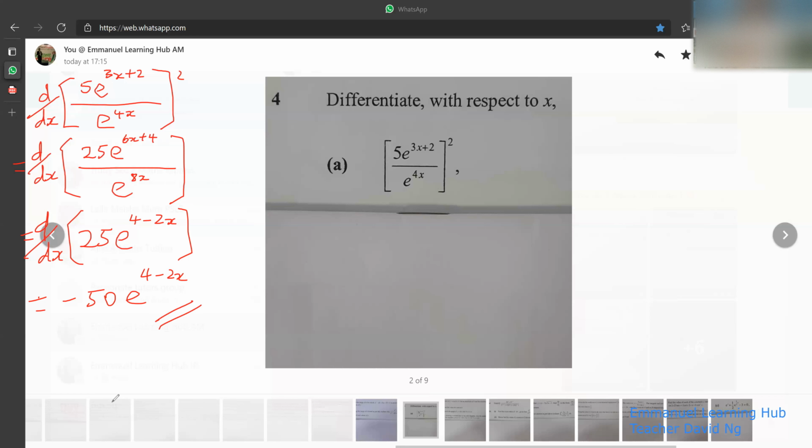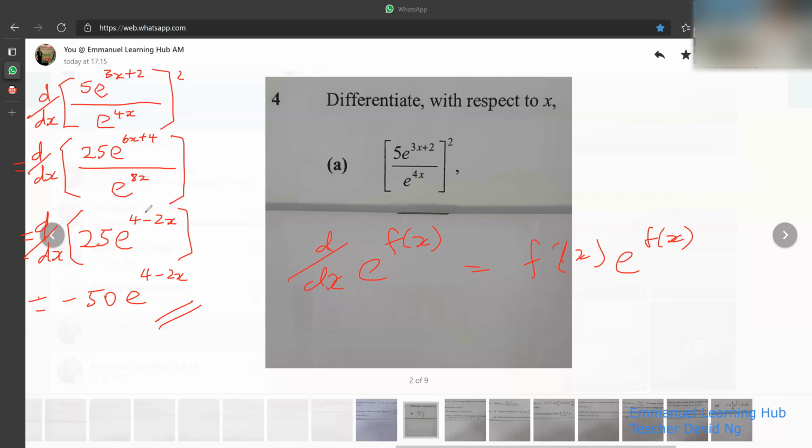Any question? From the minus 50, did it bring down the times minus 2? Minus 2 I bring down because you need to get the differential of this one. Because d/dx of e to the power of f(x) is equal to f prime x times e to the power of f(x). f prime x is the differential of f(x).